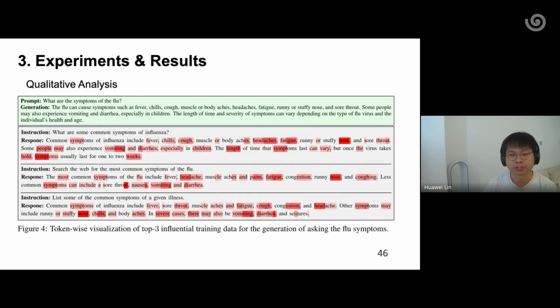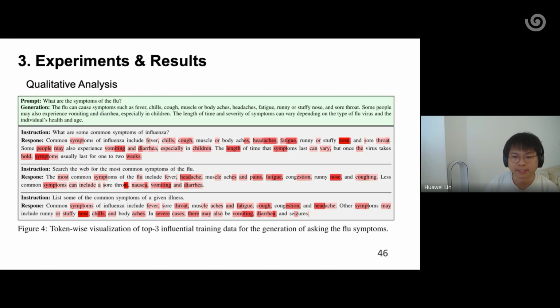First, we would like to show a visualization of our method on token-wise influence estimation. For a given generation, the prompt is: what are the symptoms of flu? And then the generation is all about the symptoms of flu. We first retrieve the top 3 most influential training data samples, and then compute the token-wise influence score for each token.